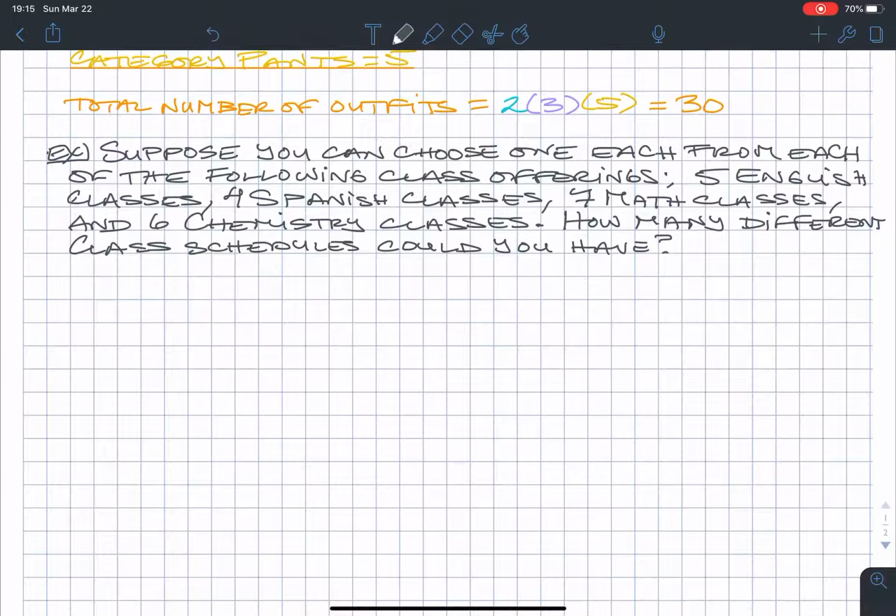Okay, so let's look at the categories here. My first category is category English, right? How many options do I have for the English classes? It looks like I have 5 options. Next will be the category Spanish, which is going to be 4 options.